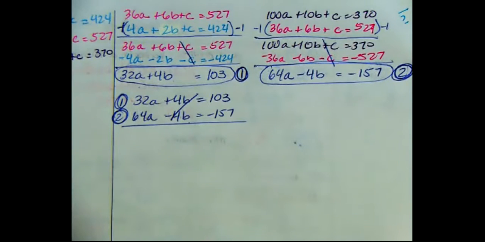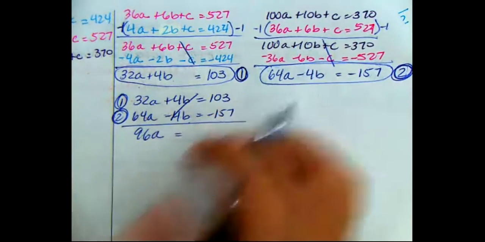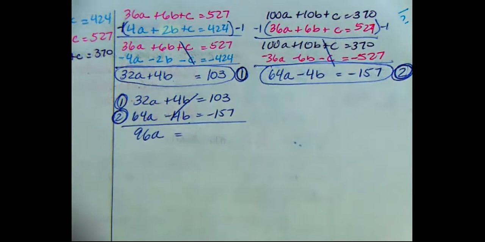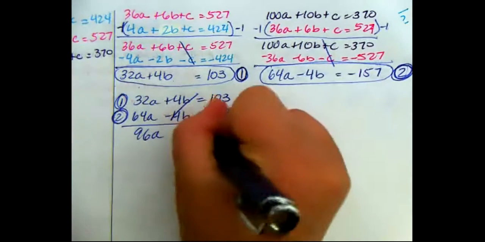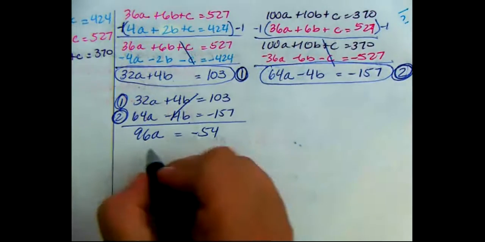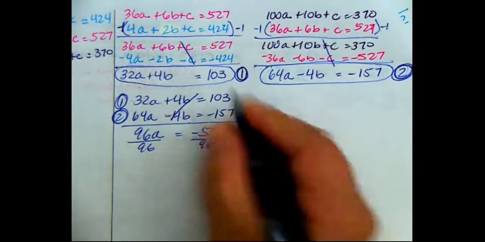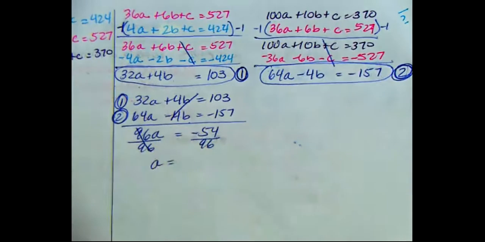So I have 32a plus 64a. That's going to give me 96a is equal to 103 minus 157. It's going to be a negative 54. Okay, divide by 96 because now I have literally one variable. And I'm going to get a is equal to, I believe that's negative 0.5, is it not?